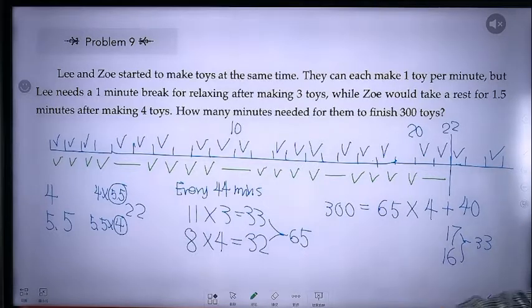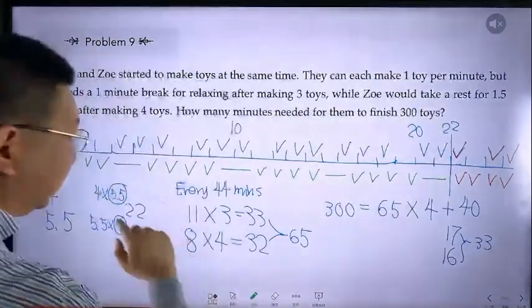For the 7 toys, maybe I change the red color, because that would be the exact moment. So we need to create 7. So here we have 1, 2, 3, and then 1, 2, 3, 4. Wonderful. So add up another 4 minutes, then we can exactly create 7 toys. So what would be the answer?